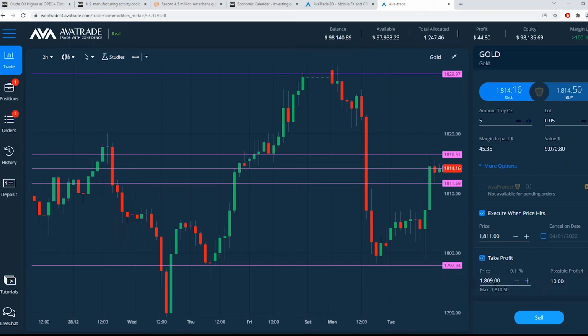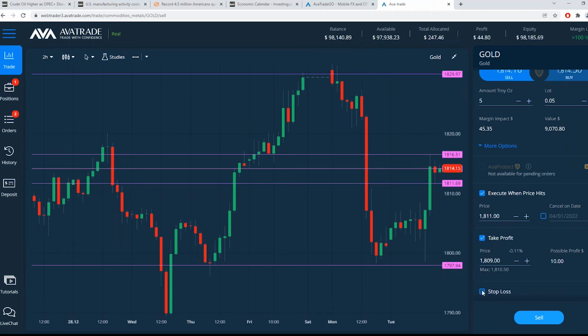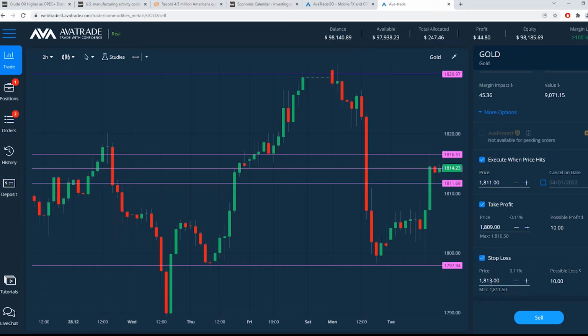Oops. Oh no, I erased it. 1798.5. There we are. Okay. So potential profit larger, or I'm sorry, smaller in this case. Wait a minute. I'm doing this backwards. Sorry, it's a sell. Stop loss should be up here above 1816, so at 1817.